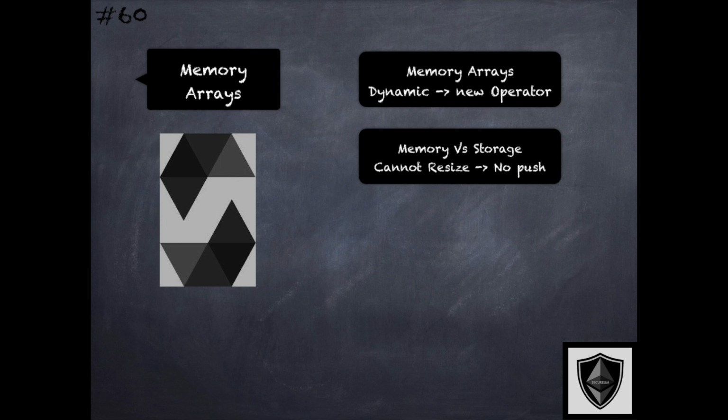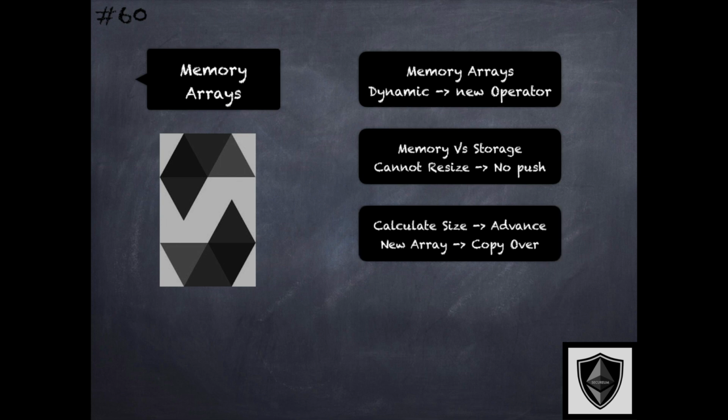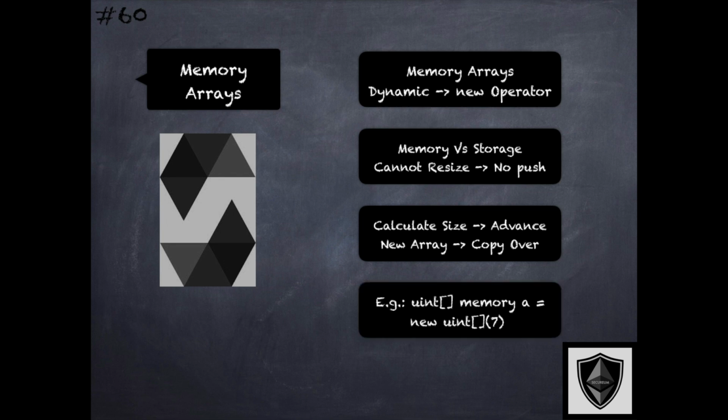So the options are for the developer to either calculate the required size in advance and use that appropriately while creating these arrays, or create a new memory array and copy every element of the older memory array into the new memory array. An example usage is shown here.